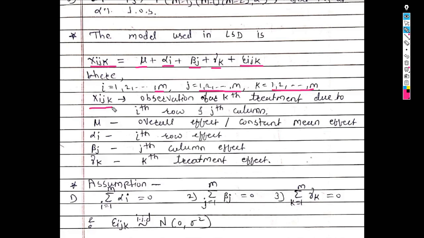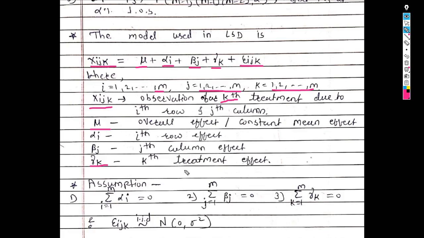So what is Xijk? Xijk is the observation for the kth treatment due to the ith row and jth column. Then mu is the overall effect, or a constant mean effect. Alpha i is the ith row effect, beta j is the jth column effect, and gamma k is the kth treatment effect.